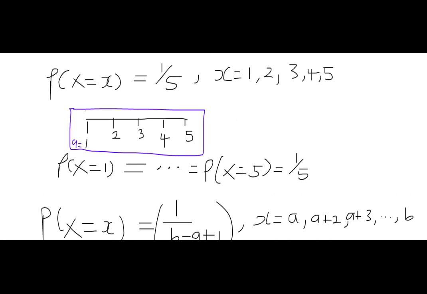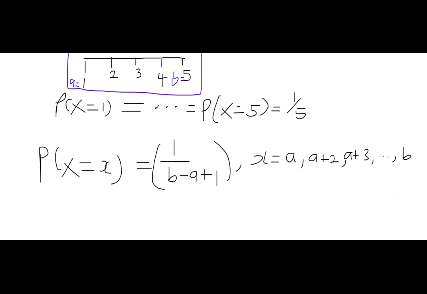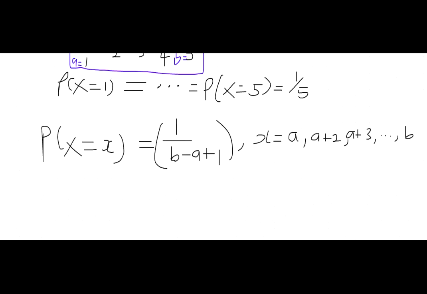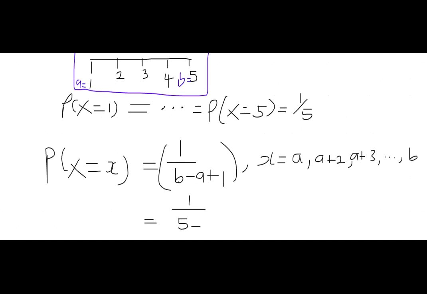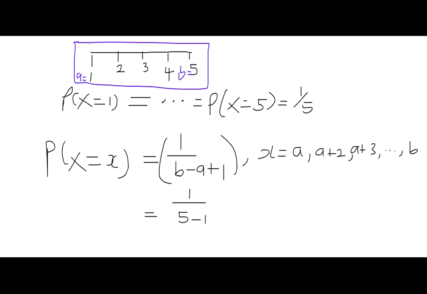The highest value of your interval is what you are going to call b. So the probability is 1 over b minus a plus 1. Don't forget, b is 5 and a is 1, so 5 minus 1 plus 1 gives you 1 over 5.